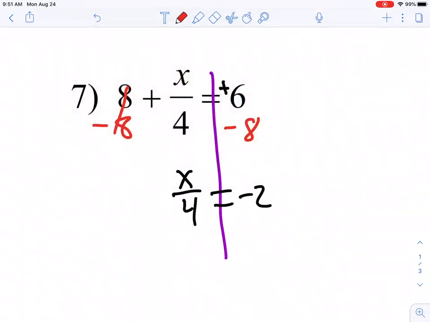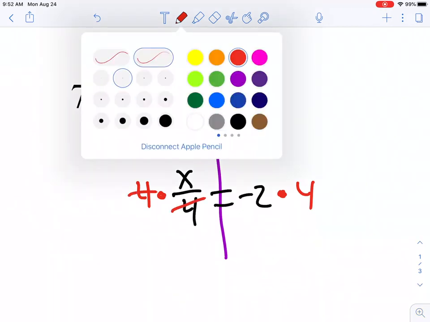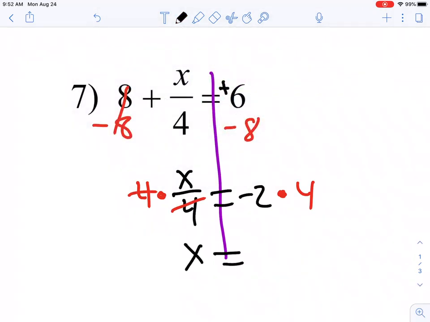So x divided by 4 is equal to -2. Next, we have to get rid of a 4 that is dividing, and we get rid of dividing with multiplying. And x will equal -8.